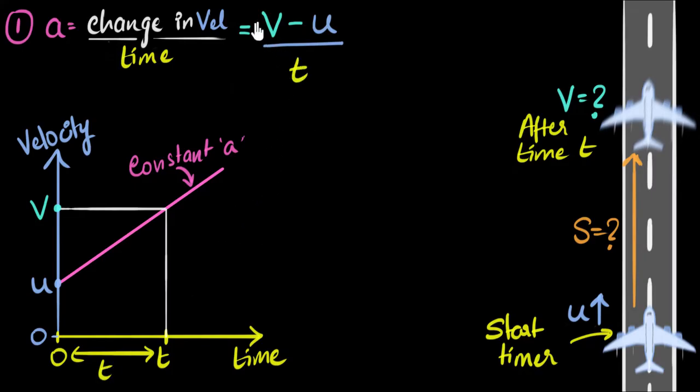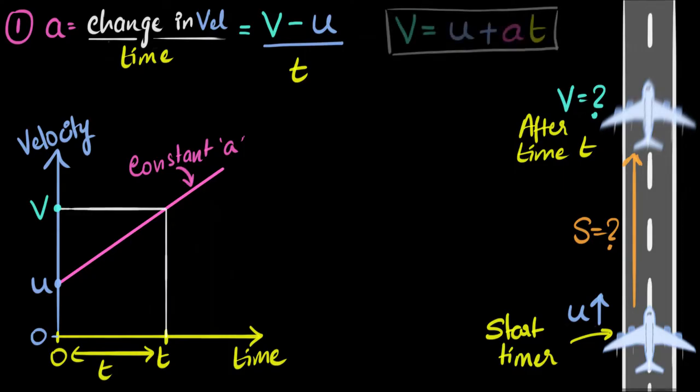And since we want to calculate what v is, all we have to do is rearrange this equation and do some algebra. So great idea to pause the video and see if you can try that yourself first. All right, if you have done that rearrangement and if you've done that algebra, then you will end up with v equals u plus at. And using this equation, we can calculate what v is, final velocity.